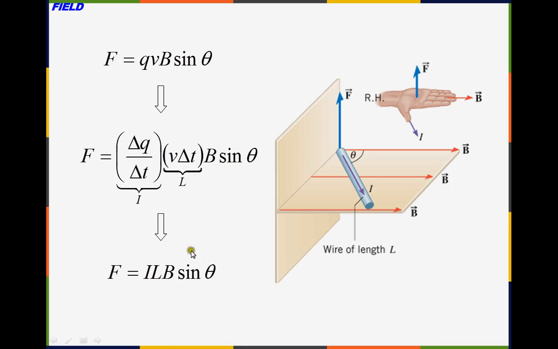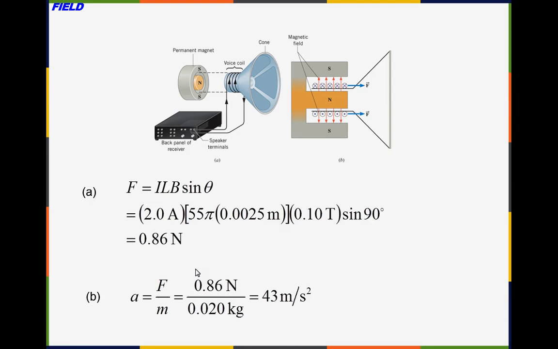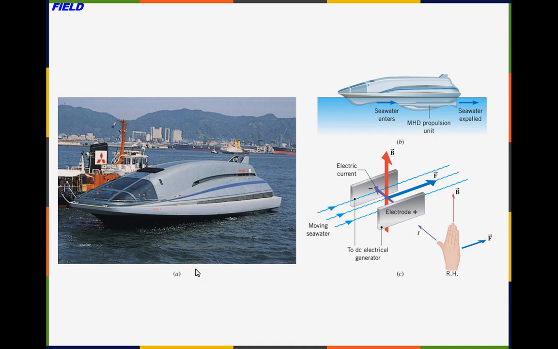That would be a case where I have a current carrying wire carrying, say, 2 amps of current through a magnetic field, and the length of wire traveling through the field is, say, 1 meter. I could figure out what force that wire would experience inside that magnetic field.